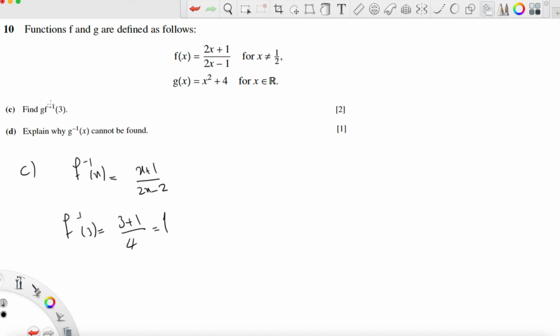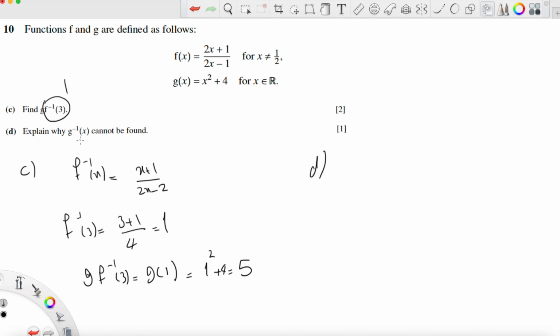So f inverse of 3 is 1, so g of f inverse of 3 is equivalent to g of 1, which is equal to 1 squared plus 4, giving you an answer of 5.